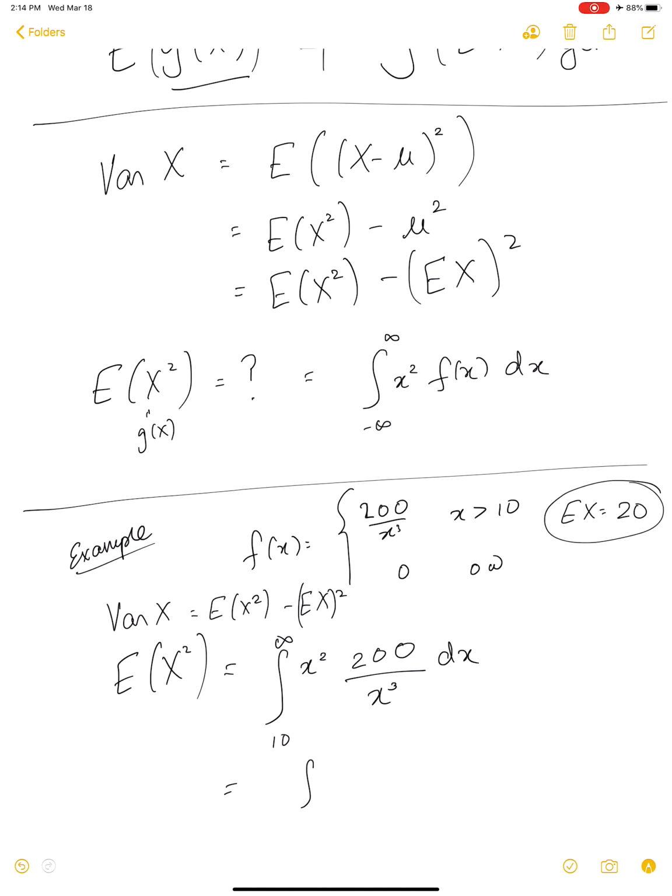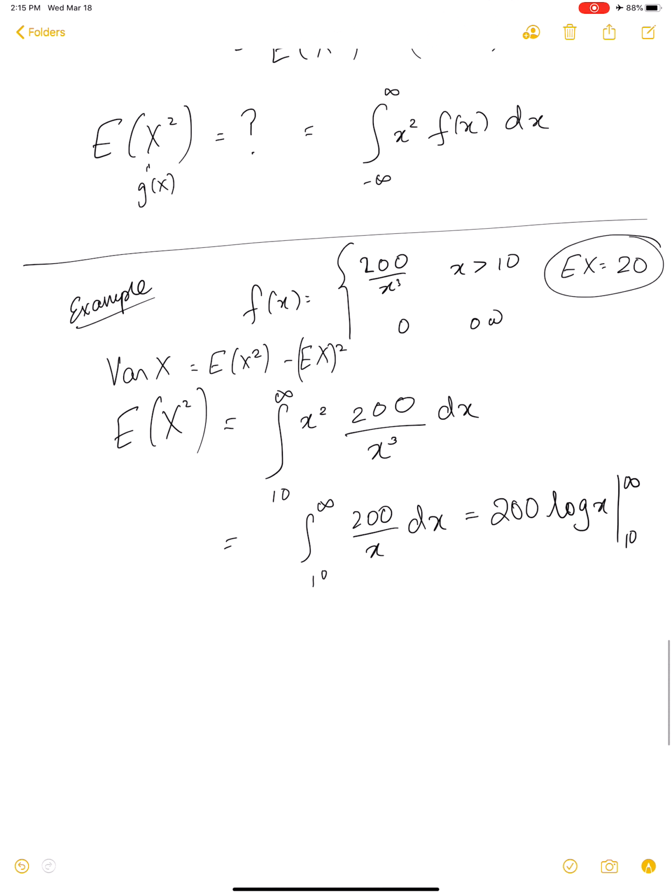Okay, so that's the integral from 10 to infinity of 200 over x dx. So that's 200 log x going from 10 to infinity. Okay, and what do you have? This will be infinite.